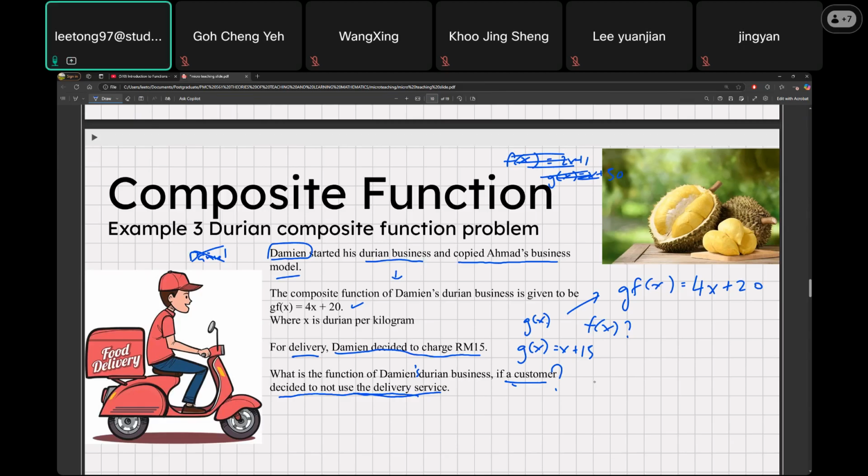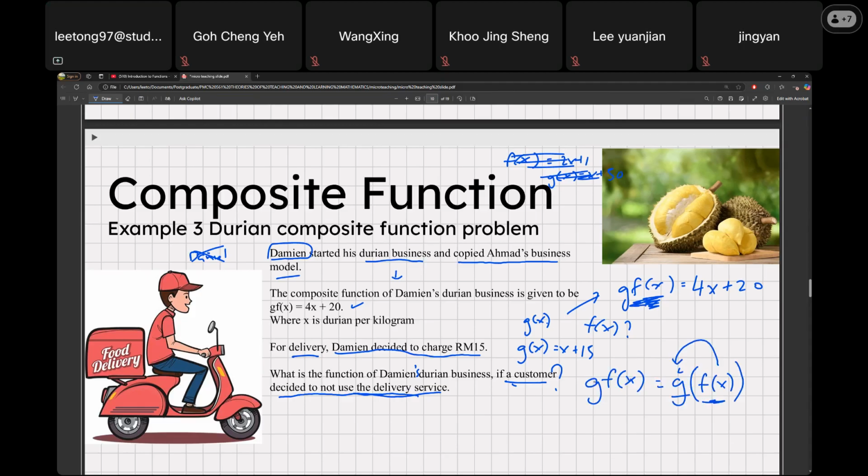So we want to find f(x). I'll write this differently. g(f(x)) is equal to g, function g, with another parenthesis like this. So f(x) will be the object of this function g.